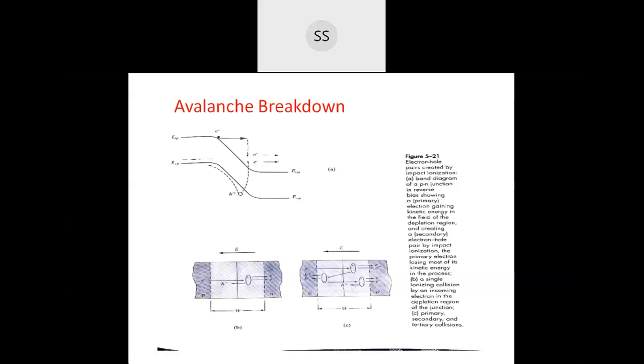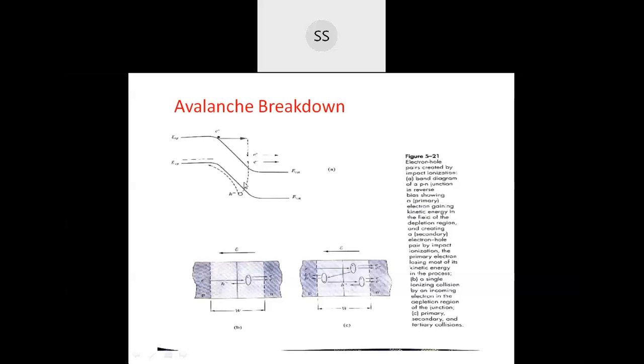If carriers generated within the transition region also have ionizing collisions with the lattice, it means one electron is going to generate two electrons after collision. If the generated electrons also collide with the lattice, then they will also generate newer EHPs.